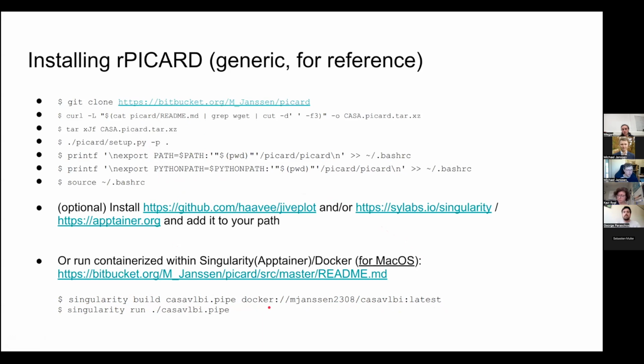Or if you care really a lot about being system independent and scientific reproducibility, then you can just download, in this example, the latest version, but you can also download any version of the pipeline. They're all tagged by specific commit IDs.